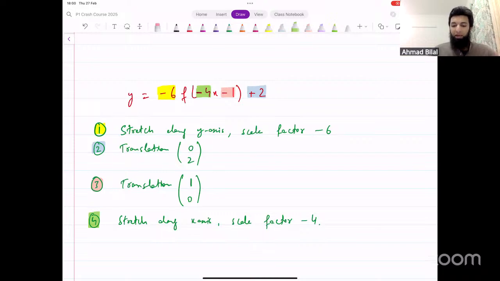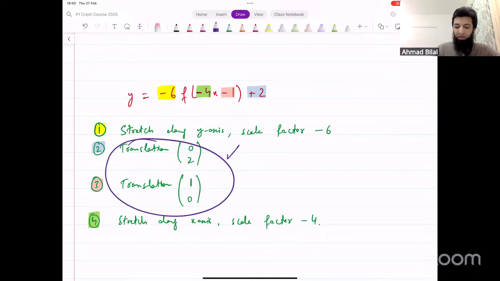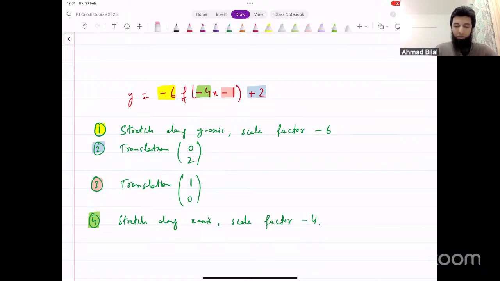Now, in case you have a situation in which 2 translations are coming one after the other, only in that case, when you have 2 translations coming one after the other with no other transformation between them. So in this case, number 2 and number 3, they are one after the other with no other transformation between them.